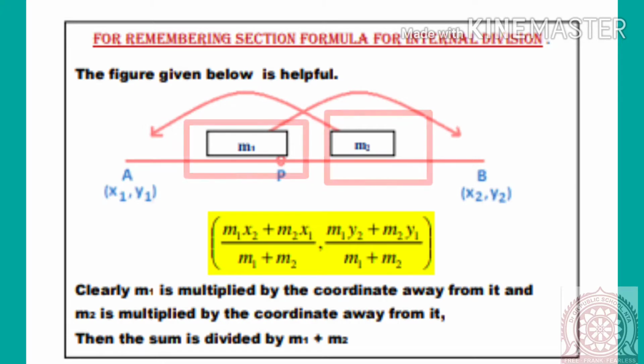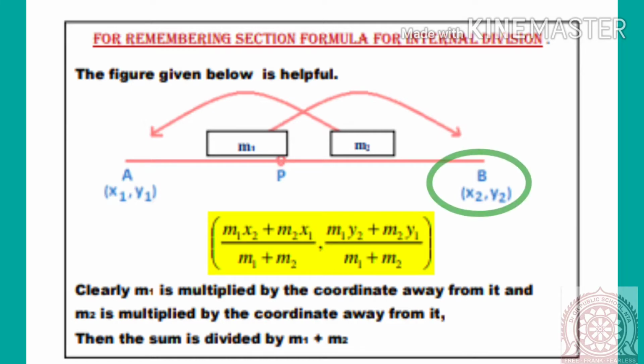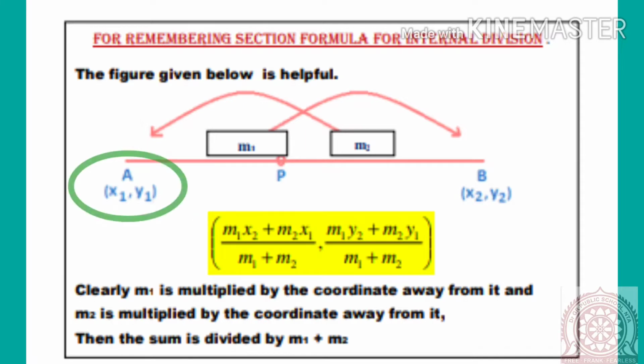The third point is, in a ratio m1 is to m2, m1 and m2 can be called the components of the ratio. m1 you can think as the first component and m2 you can think as the second component. The fourth point is that imagine that the first component m1 is far away from the second coordinate, that is (x2, y2), and the second component m2, imagine it is far away from the first coordinate (x1, y1).